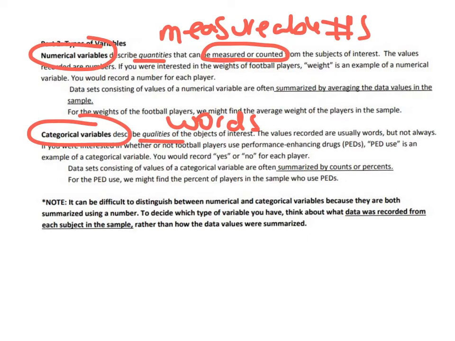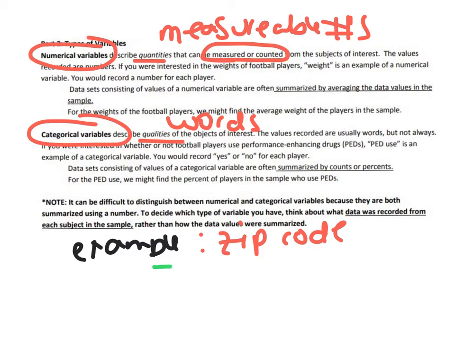You're saying yes or no, your color of your eyes, the color of your hair, the color of your fingernail polish, the color of your shirt. There are some exceptions to things that look like they're numerical, but they might be categorical. So for example, why is my pen not working? Let me try a different color. Okay. For example, like your zip code.